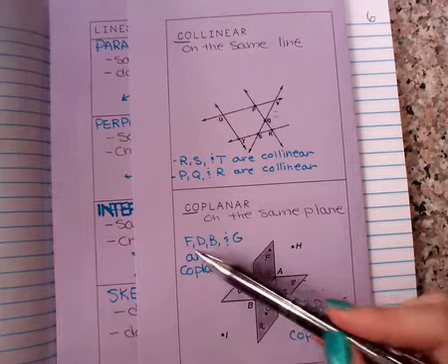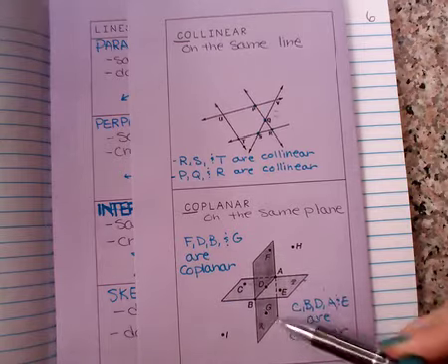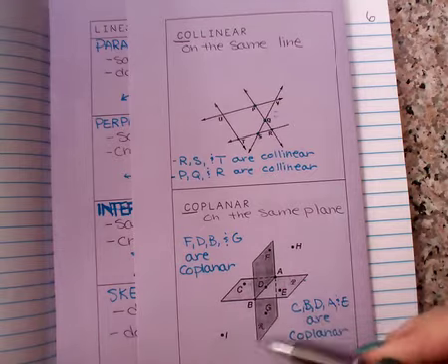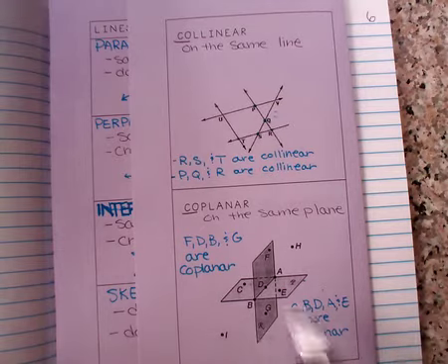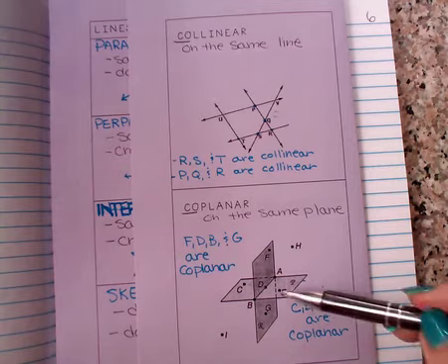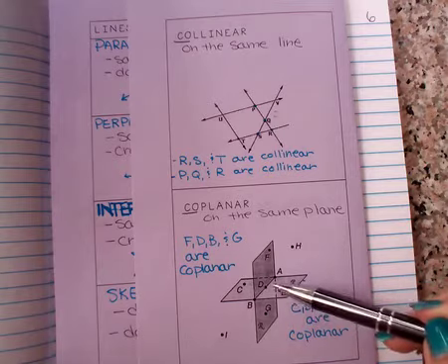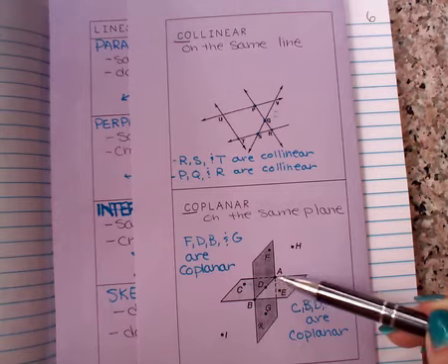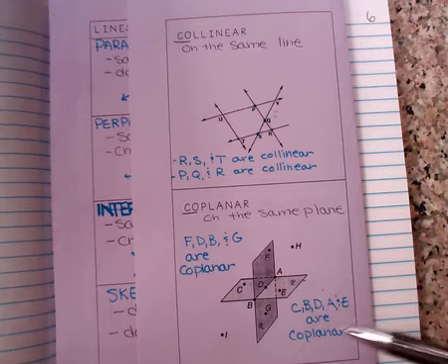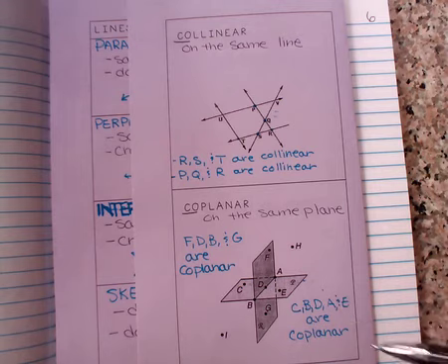So points F, D, B, and G are all coplanar. They are all lying in the plane R. Notice down here we have the R telling us that that is plane R. Or in plane P, we have points C, B, D, A, and E. Those points are coplanar in plane P.